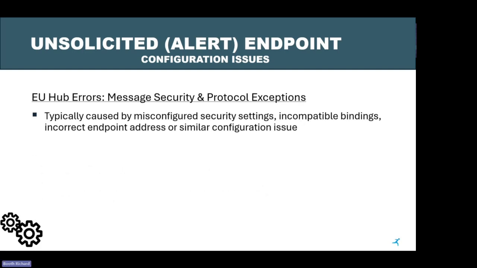There are several other configuration errors that can occur. Two of them are message security and protocol exceptions. These are typically caused by misconfigured security settings, incompatible bindings, incorrect endpoint addresses, and similar configurations. These are very much done on a case-by-case basis because there are multiple items that could trigger them, across different systems.